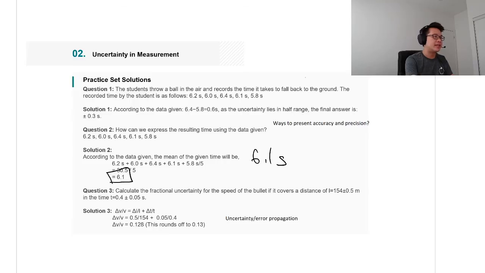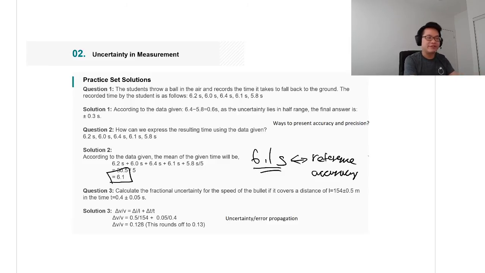For this case, you can find a true value, an expected value, or a reference value. Then you compare the average with the reference value, and you can tell the accuracy of this measurement. Not that difficult.